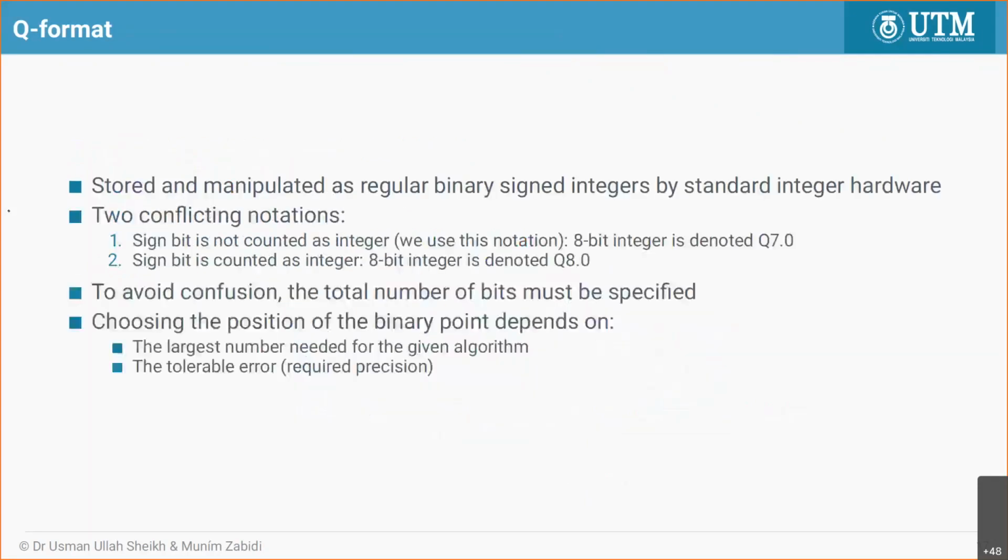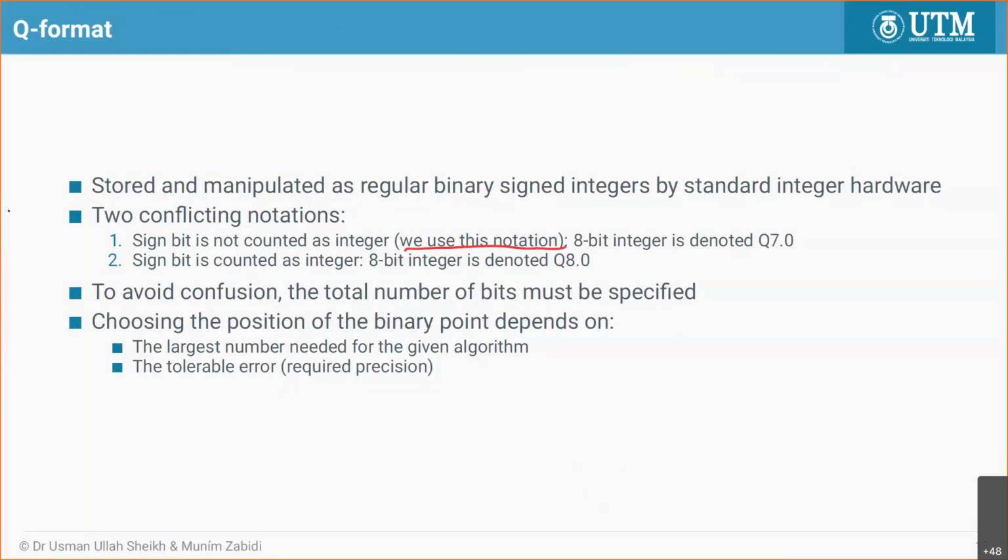And so we have actually two different formats. These numbers are normally manipulated as regular binary numbers, but the problem is there are two conflicting notations. One is where the sign bit is not counted, and we use this because Dr. Osman and I are DSP people, and most of the DSP books use this format.